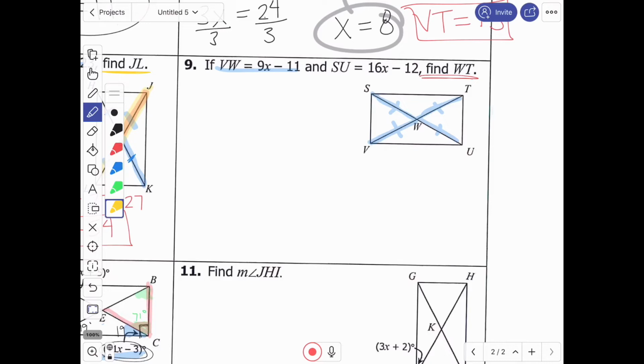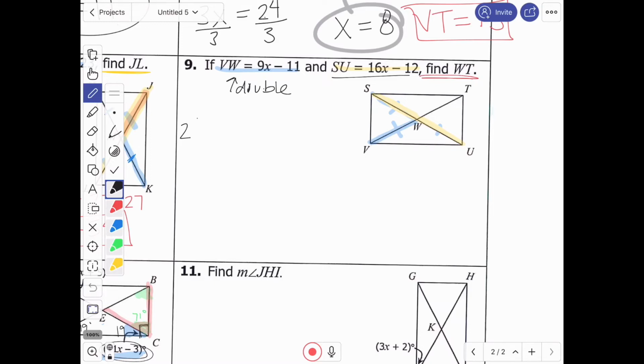Now when I think about SU, SU is this whole diagonal. Okay? Remember, VW is just half of that diagonal. So if I want to set anything equal to each other, I'm going to have to take double of VW in order for it to actually be equal to this SU.